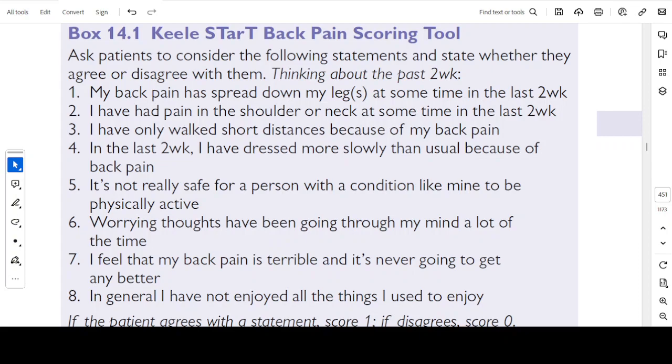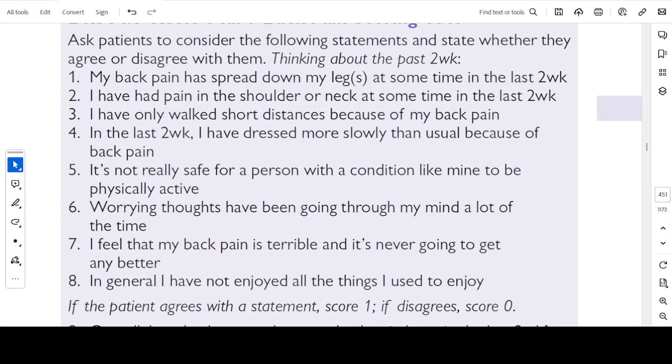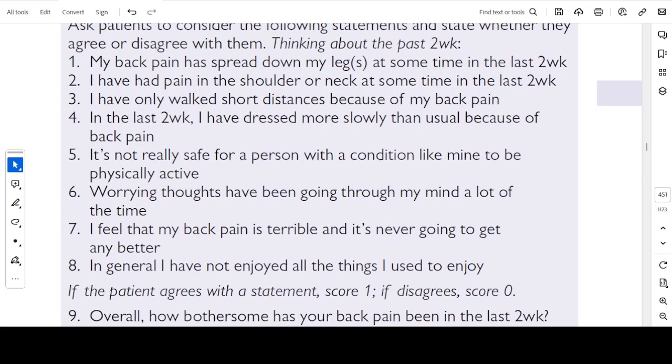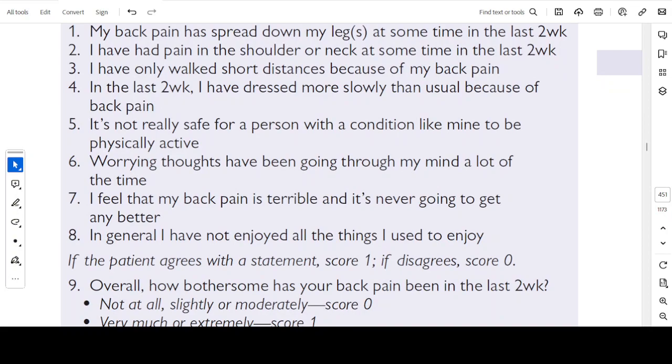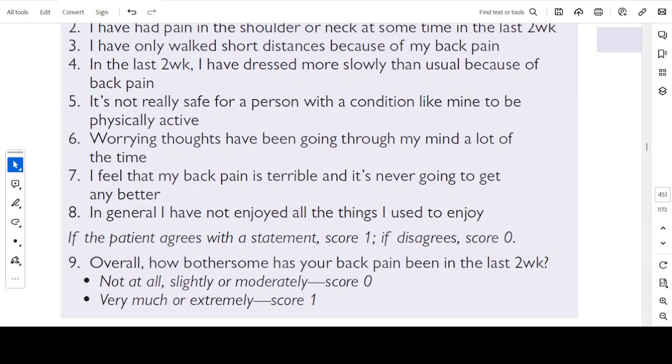I've only walked short distances because of my back pain. In the last 2 weeks, I have dressed more slowly than usual because of the back pain. It is not really safe for a person with a condition like mine to be physically active. Worrying thoughts have been going through my mind a lot during this time. I feel that my back pain is terrible and it's never going to get any better. In general, I have not enjoyed all the things I used to enjoy.